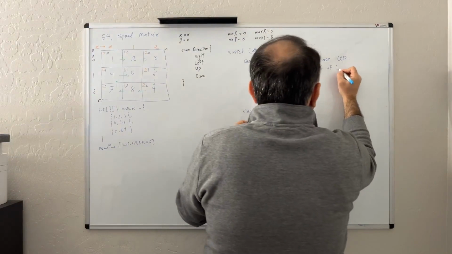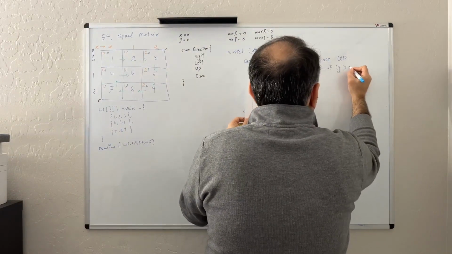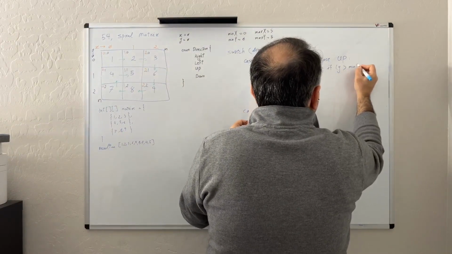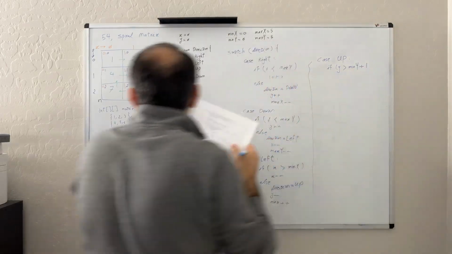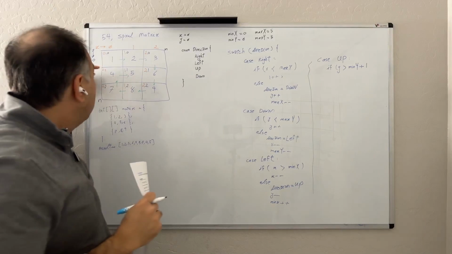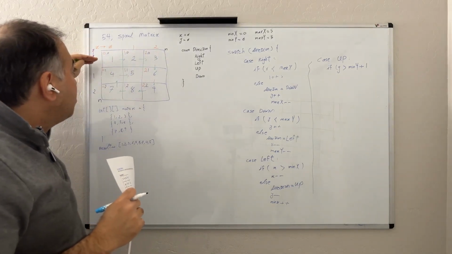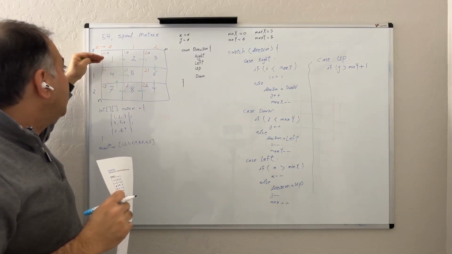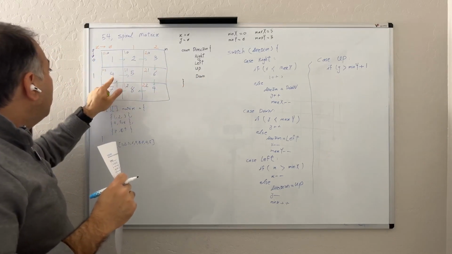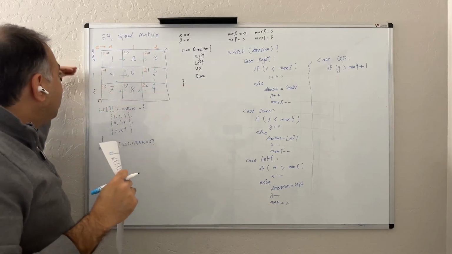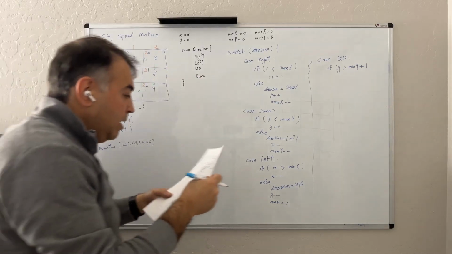So I need to make sure that the y is always greater than minimum y plus 1. Because at the time that I started, I visited this line, but at the time that I started, the minimum was 0. So when I'm going up, I go up only to this element, and after that, go to the right.